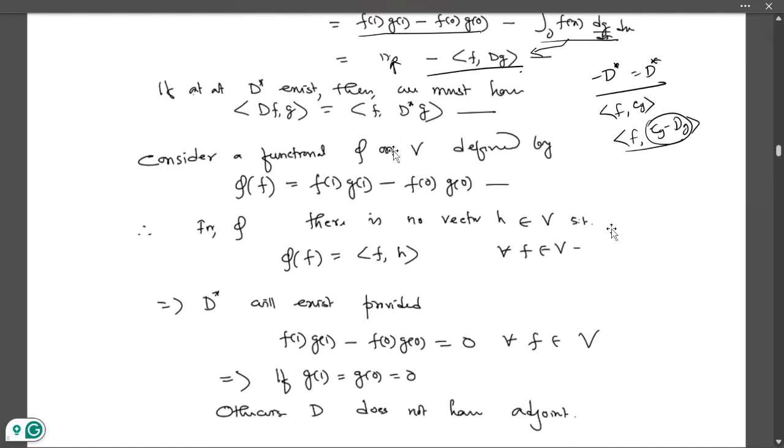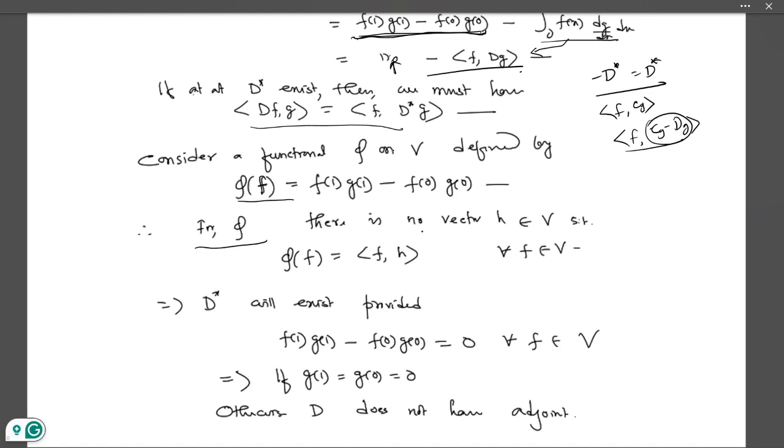But what happens in this relation? We have this relation, but this part, which I was leaving, saying 0: f of 1 into g of 1 minus f of 0 into g of 0. This is also a linear functional, correct? Taking some f to this constant value, which may lie inside the field.